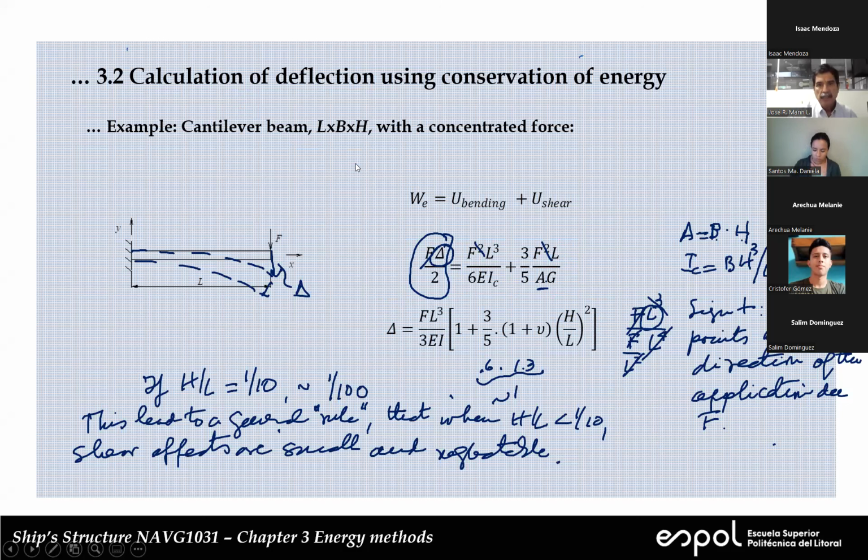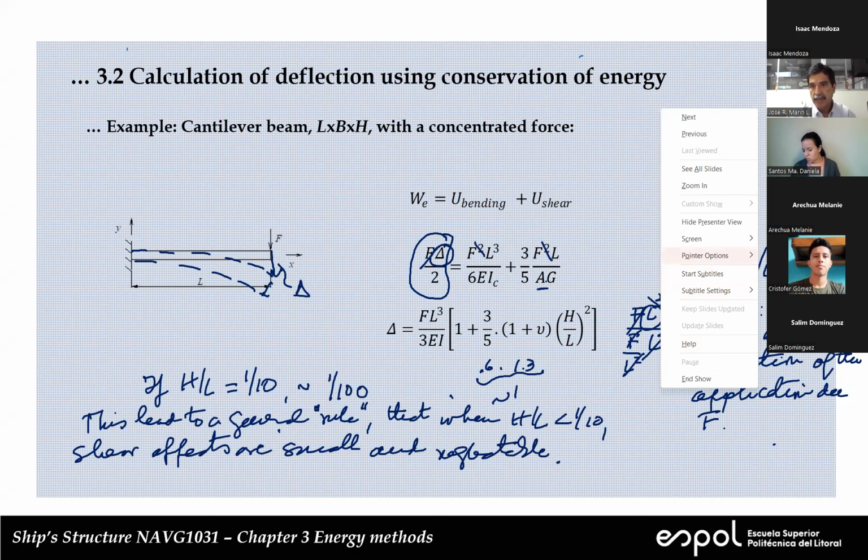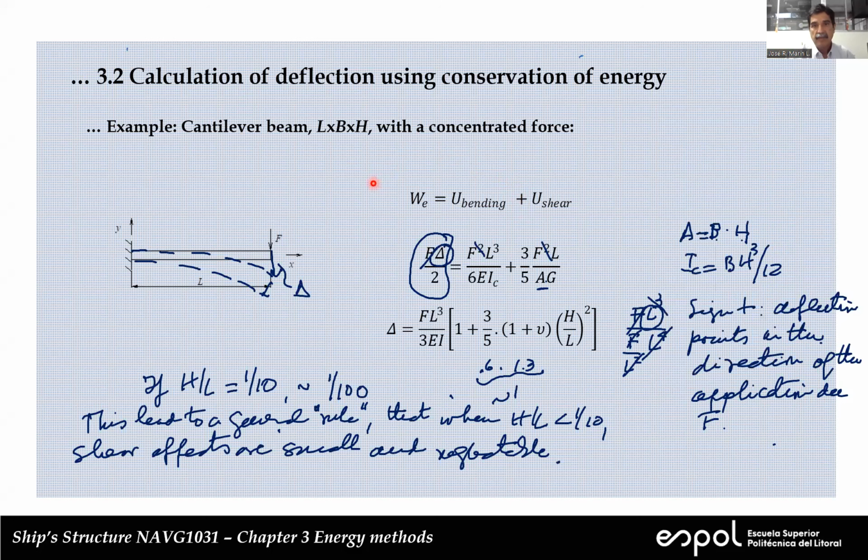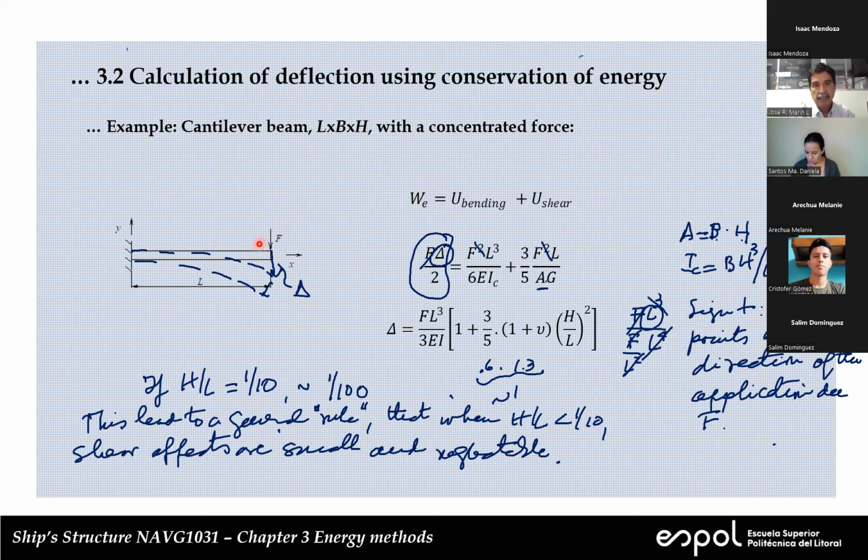So this was the last part of the last class, right? Here we have the idea behind this method, okay? Basically, if we apply a load, in this case on a beam, because of this load, the beam deforms. And because of this deformation, the force is displaced, okay, moves.